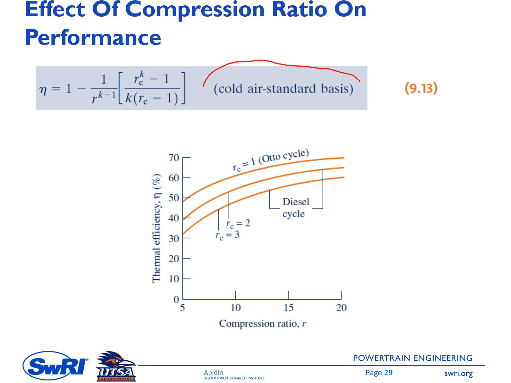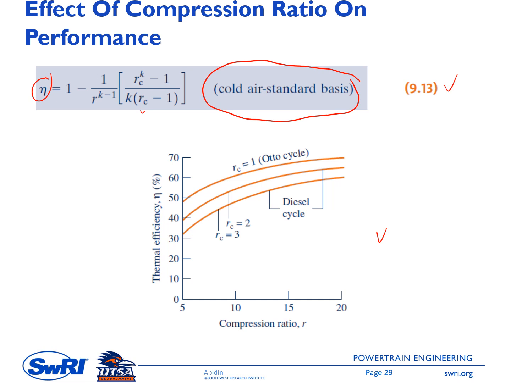It is based on the cold air standard basis, and you will get equation 9.13 to get the correlation of the compression ratio plus RC, the cutoff ratio, to the efficiency eta. And then if you plot this formula, you will get this figure. Keep in mind that RC here is the cutoff ratio.